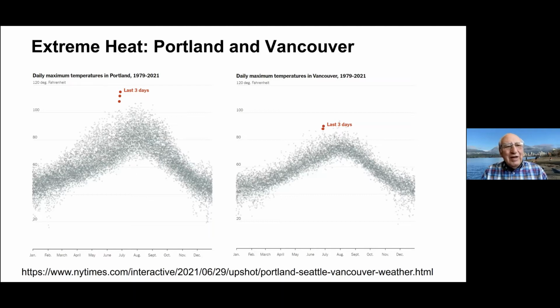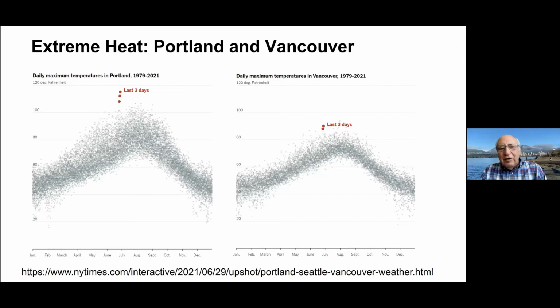But the 3 hot days of extreme weather were so out of range for Portland, way over 100, outside the range of anything they've ever had before, even though they have had 100-degree days in the past. But the 3 red days at the top just leap out to show you how extreme it was.